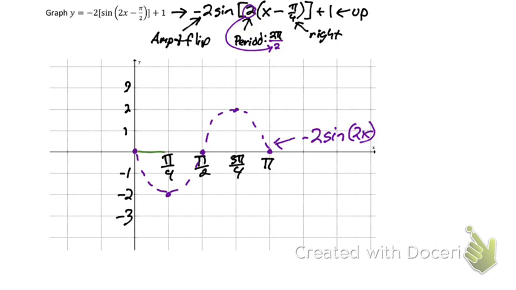We are going to shift right, pi over 4, and go up 1 with each point. Go right and up, right, up, right, up. And the one in green is our final answer. That's our final graph.